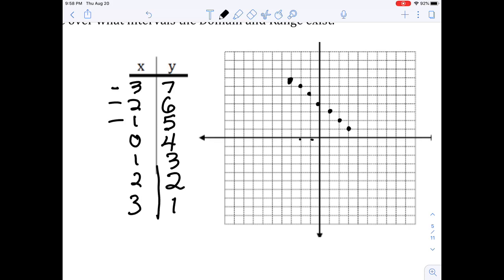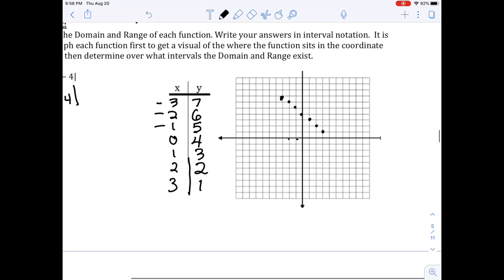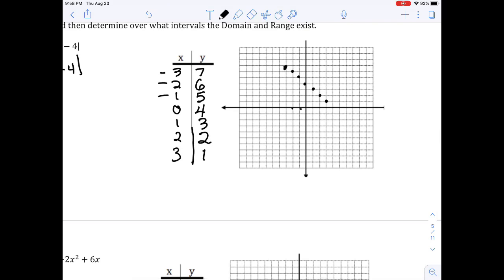Okay, if I stop right now, it looks like it's a line, but it's not actually a line because of that absolute value. So I think I need more points in order to get a bigger picture of what this graph actually looks like. So I'm going to keep on going.